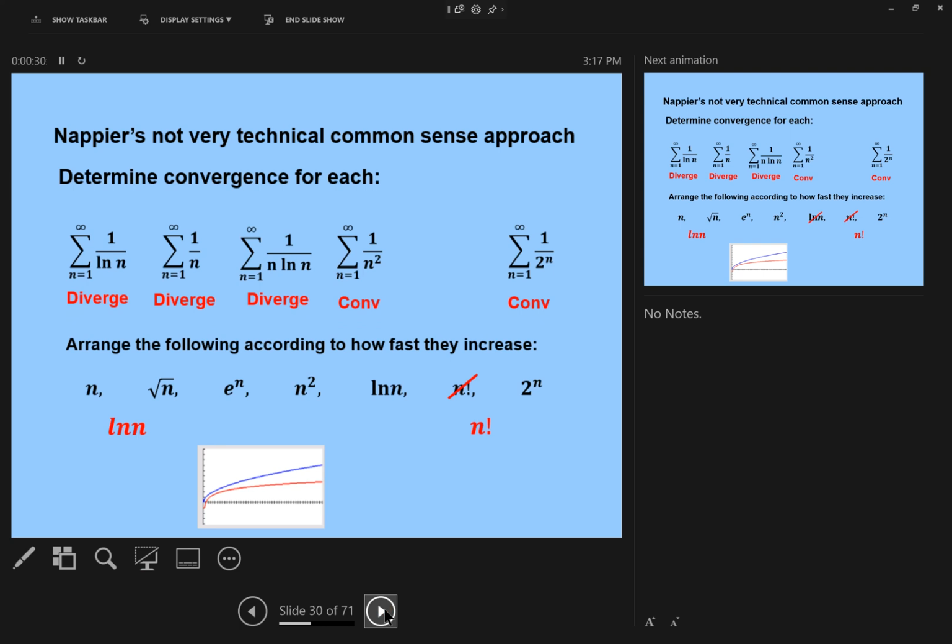There's my low and my high. Think you got them filled in where they belong between those? Did you put square root of n next? Then what? N, then what? N squared. Then what? 2 to the n, and then e to the n.